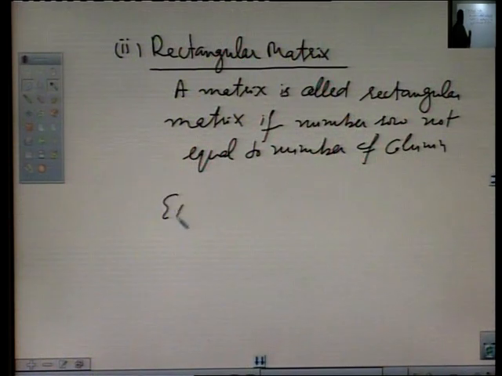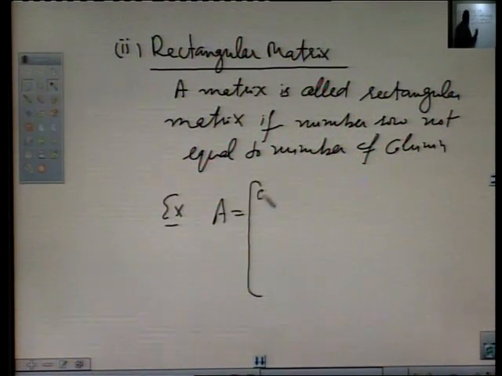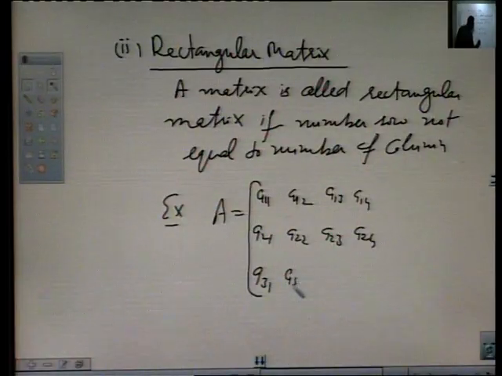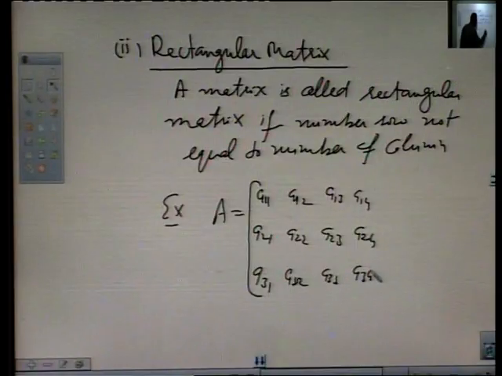For example, A11, A12, A13, A14, A21, A22, A23, A24, A31, A32, A33, A34. This is a 3 cross 4 matrix.